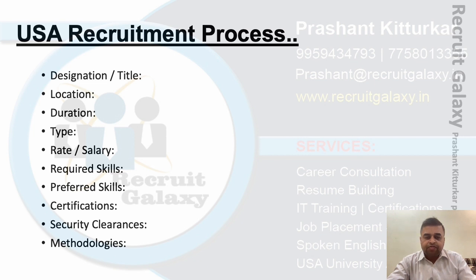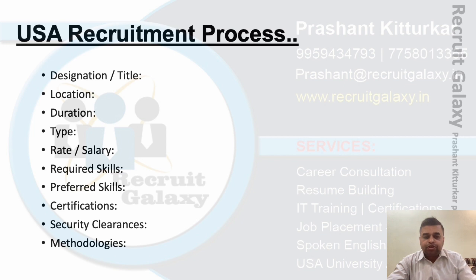Next is location. In location, the US is a very big country. It has 50 states, and it is a very huge geography. So the first task of any recruiter is to go into maps.google.com and search the location the client has given, so that you can know the nearby states and cities, and find the exact resume match if the position is local.